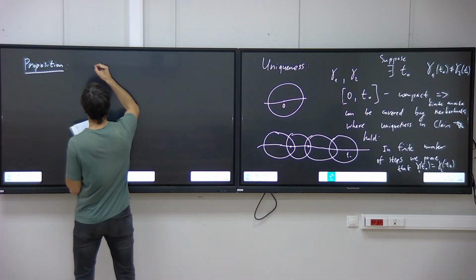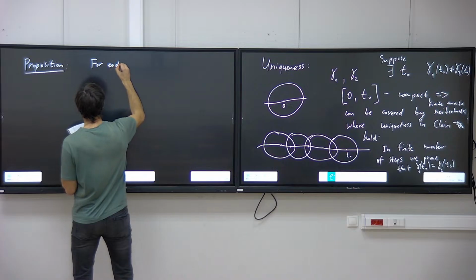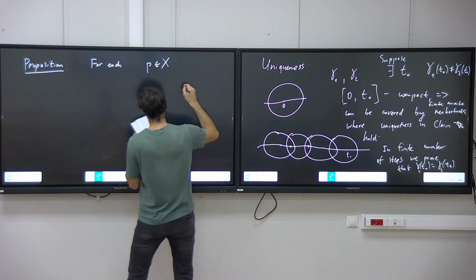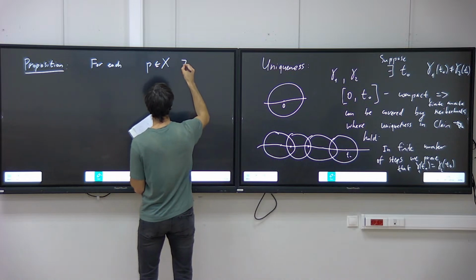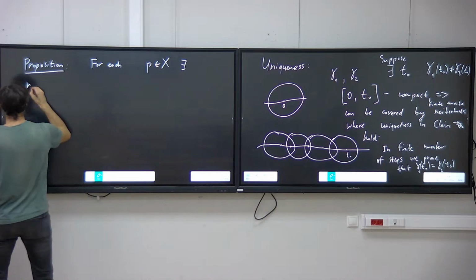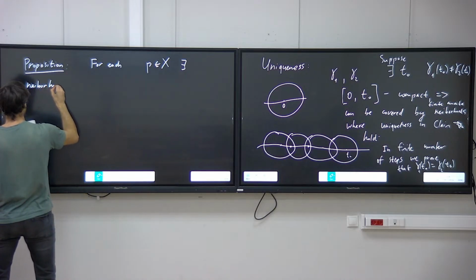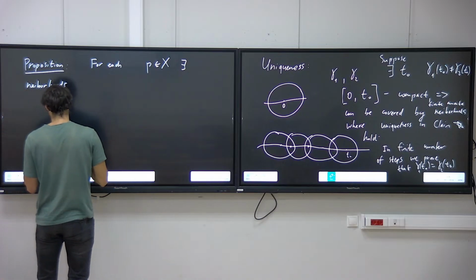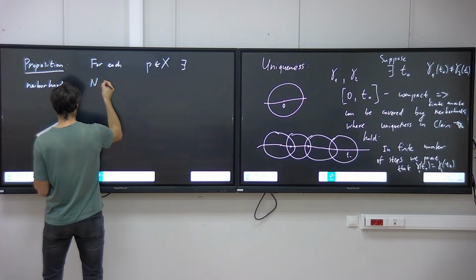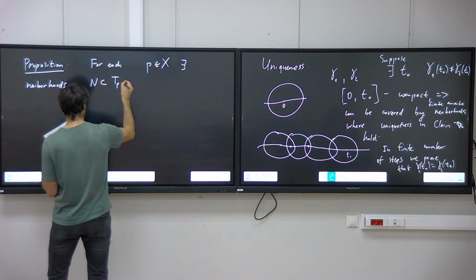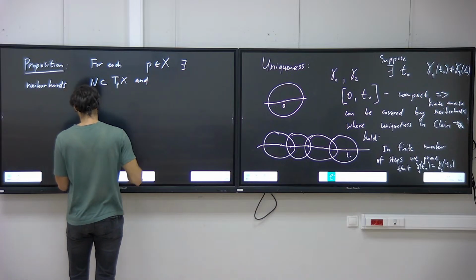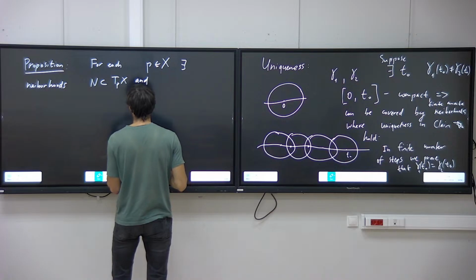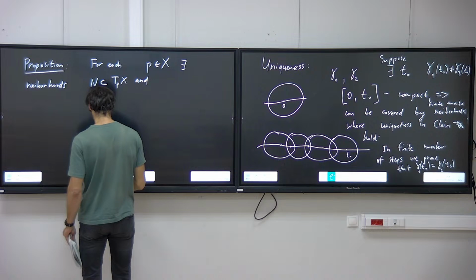For each point p in my manifold, there exists a neighborhood N in T_pX, actually I just need one neighborhood.